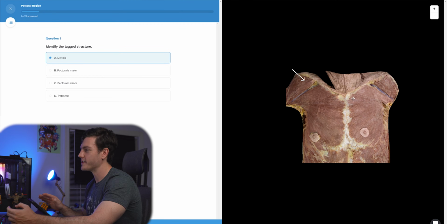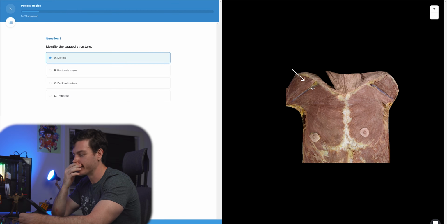The cool thing about all this is that this is the actual cadaver. It's not some cartoon image or depiction of a cadaver. It's the actual cadaver itself, which is what you're going to see in the lab practical. Something I had trouble with a lot: if you are in med school, you might use something called Netter, I think is his name.